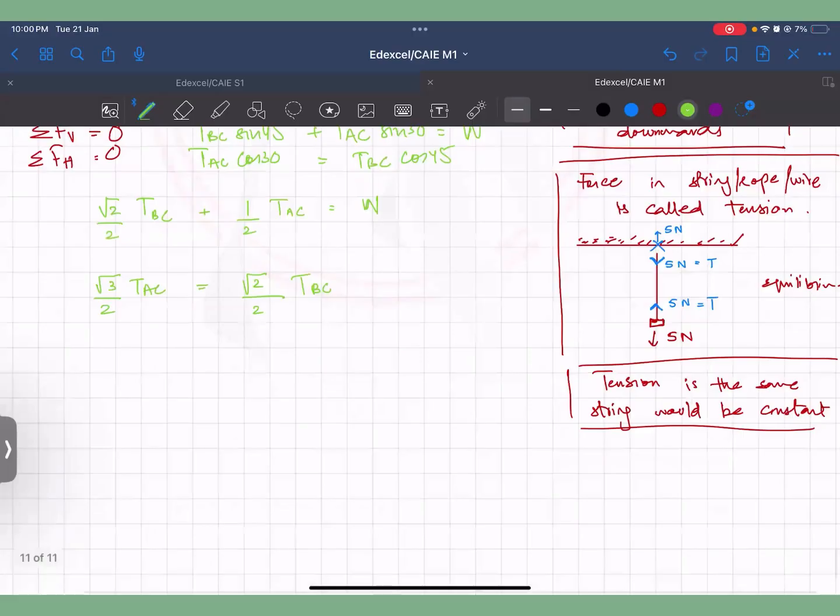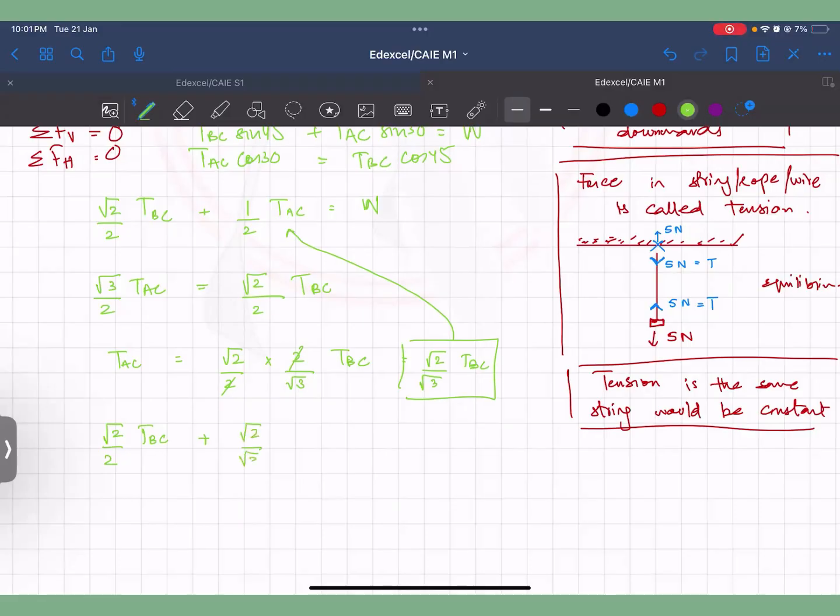If we make TAC the subject over here, it would become root 2 over 2 multiplied by 2 over root 3 TBC. And now this 2 and 2 would cancel out: root 2 over root 3 TBC. So TAC can now be replaced with this: root 2 over 2 TBC plus root 2 over root 3 TBC is equal to W.